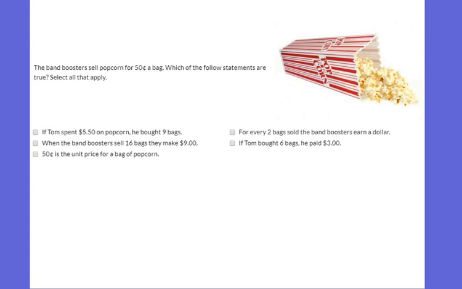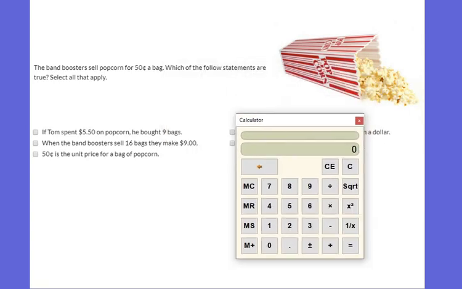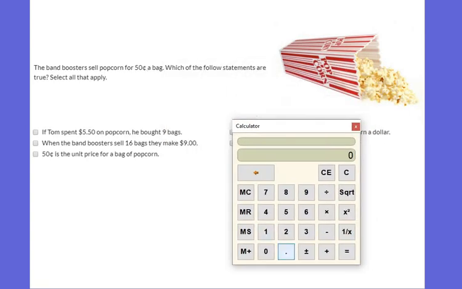Select all that apply. Okay, so first one says, if Tom spent $5.50 on popcorn, he bought 9 bags. I could get my calculator out. If it's 50 cents a bag, 50 cents times 9 bags, he paid $4.50. So this is not correct, so I would not check that box.